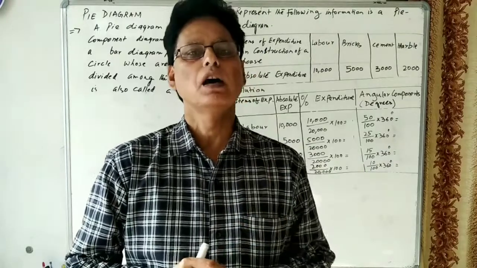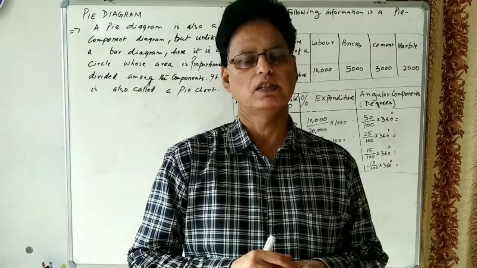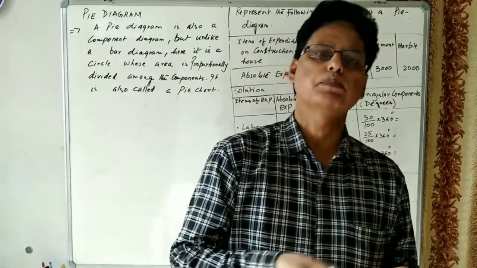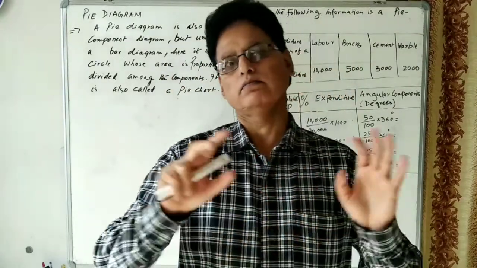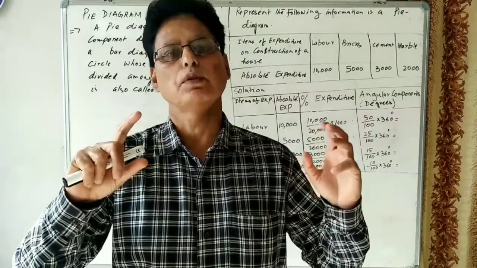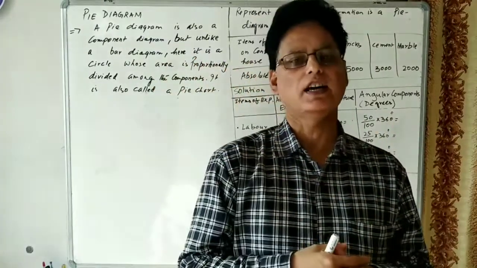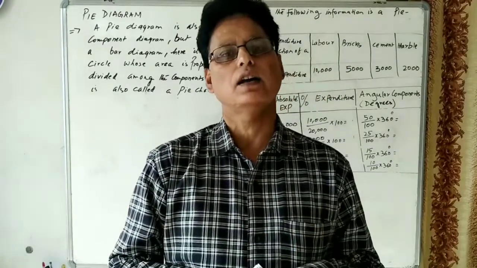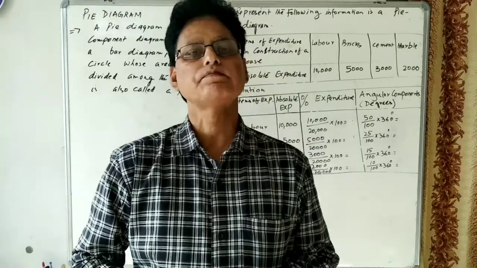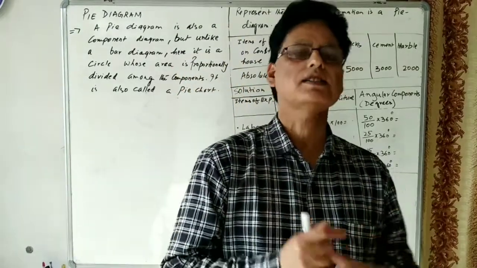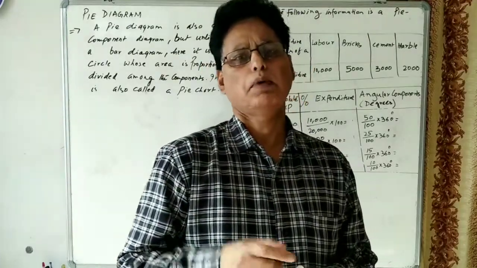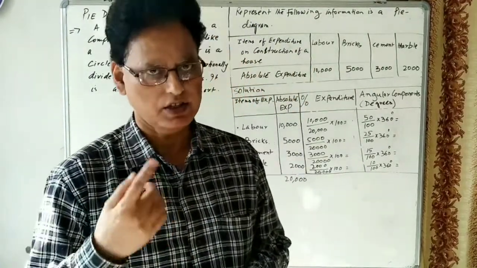We'll use the protractor in order to measure the degree, and then we'll plot the information with the help of a circle diagram. And each circle is divided into various components. So we can explain the pie diagram with the help of one example.